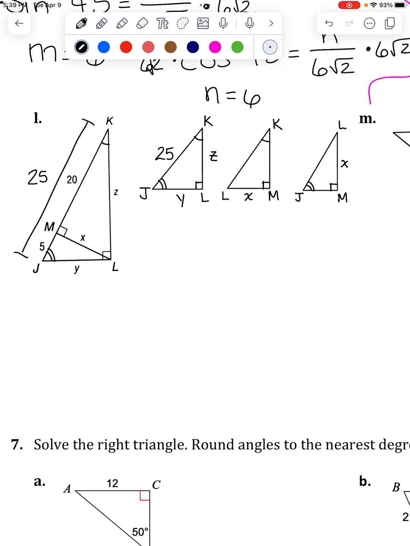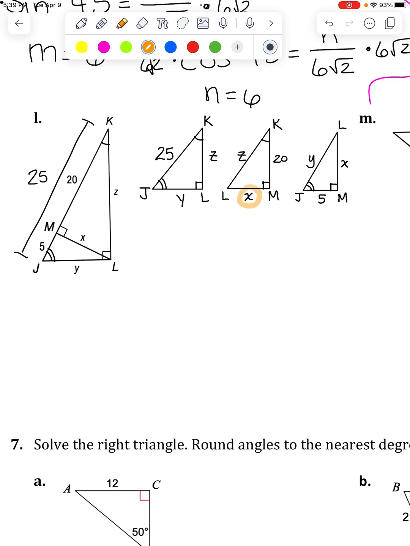It's on both triangles. JL, I forgot to put that on both triangles, was Y. I also forgot KL went on 2 triangles, was both Z. KM is 20. And JM is 5.